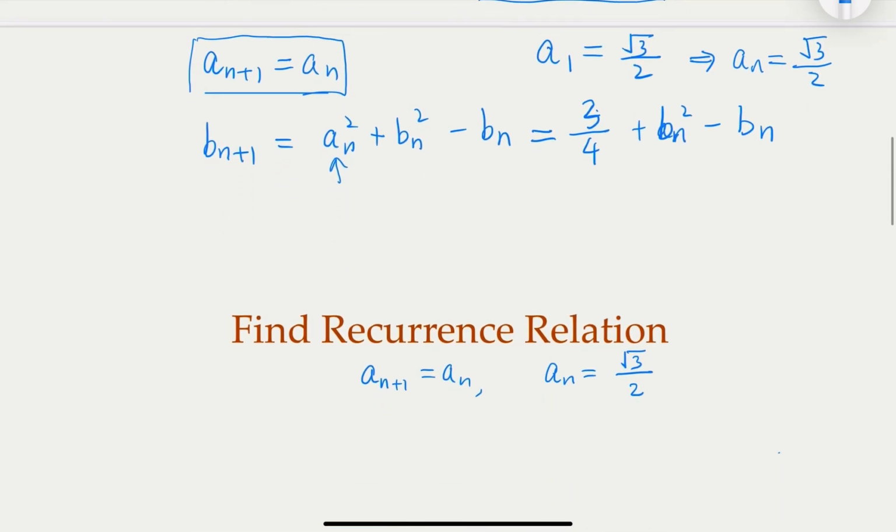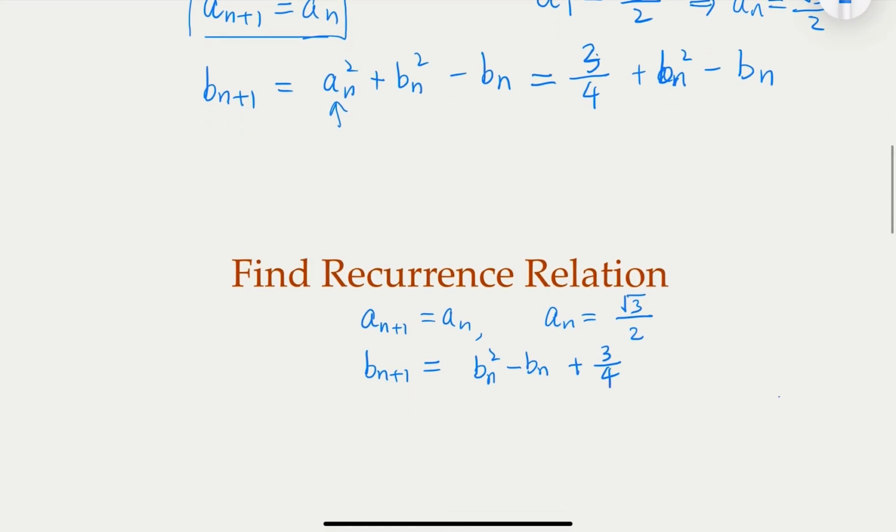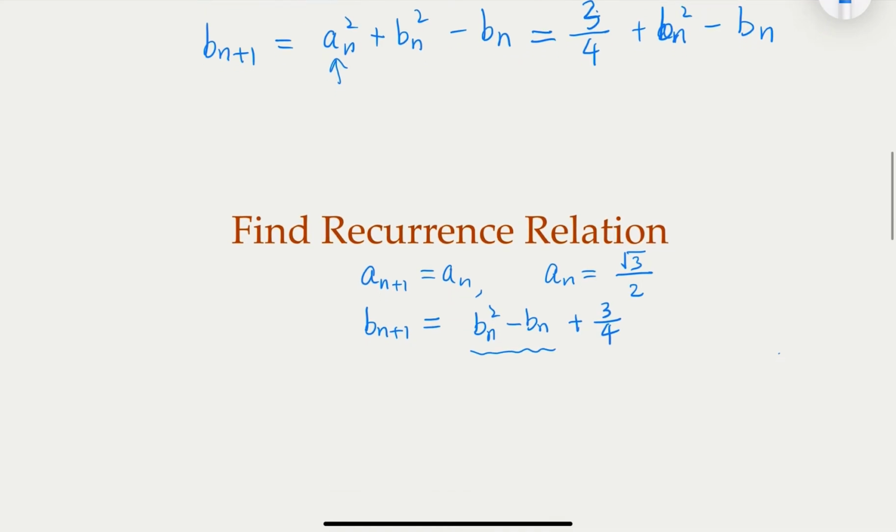So now for the bn, however, what you get is bn plus 1 is related to the previous term by a quadratic equation here. So bn squared minus bn plus 3 over 4. So how to deal with that? There's a quadratic, so not very straightforward. However, if you do the complete square, you have bn squared minus bn, right?